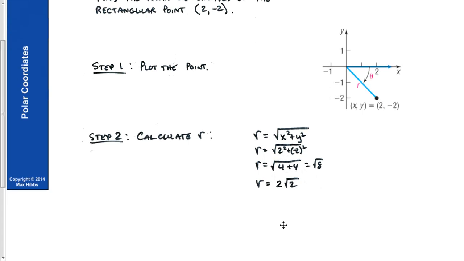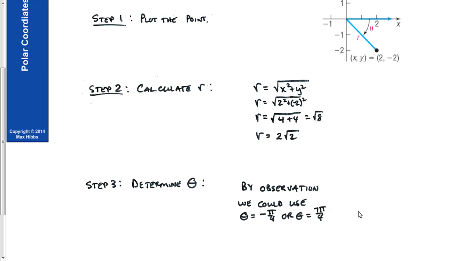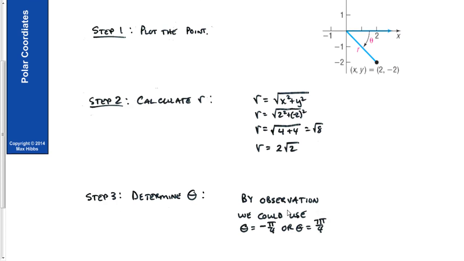Now our next job is to determine theta. We can't look at this as easily and be sure of what theta is, but we might be able to make a pretty good guess. I'm thinking theta might be -pi/4 because these two coordinates are the same. By observation, I think we could decide that theta was -pi/4, or if we wanted a positive theta, it would be positive 7pi/4.